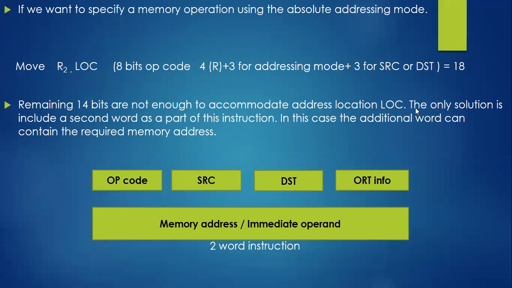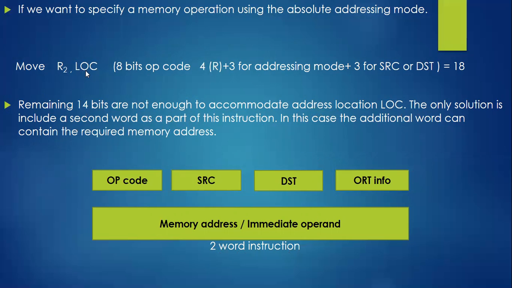The only solution is to include a second word as a part of this instruction. It means 32 bits will be utilized over here, and apart from that 32 bits, another 32 bits will be utilized. If that is the case, we call it a 2-word instruction. Why are we doing so? Because the address we have, the original address, is a label.